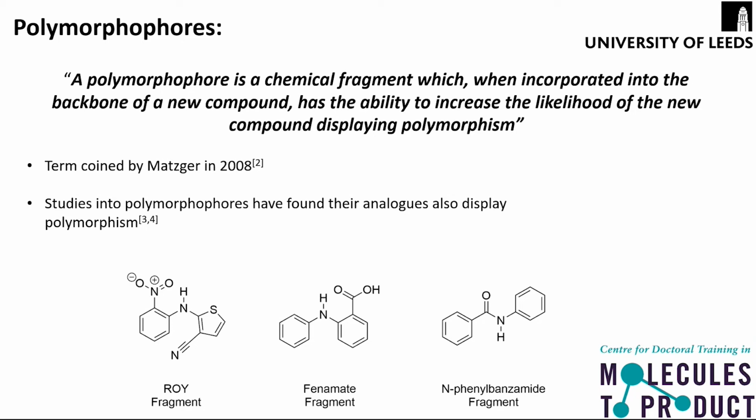If you look within the best data set we've got, the CSD, you've got some proprietary in-house things at various pharma and agrochemical companies, but the best data set available to the public is the CSD. And in the CSD, things like hydrogen bond donors, torsional flexibility, molecular rigidity just don't seem to statistically correlate with polymorphism.